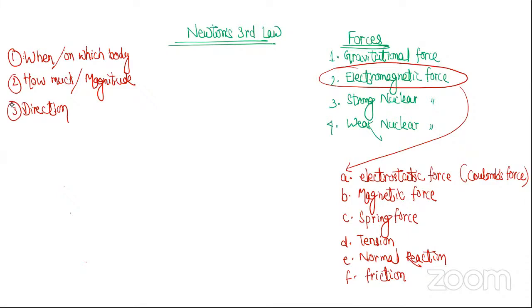Okay, I am holding a pen in my hand. Is gravitational force acting on this pen? Yes, sir. Who is applying? The Earth. Okay, is my mobile applying gravitational force on my pen? Yes, sir.